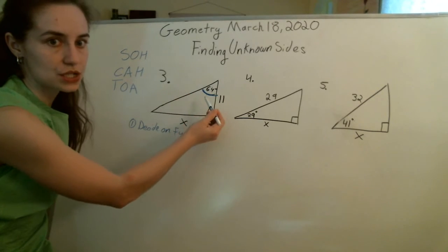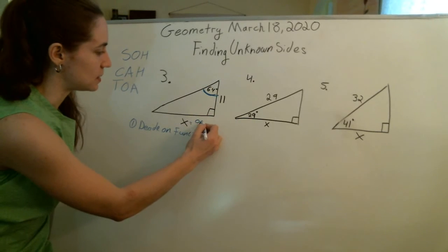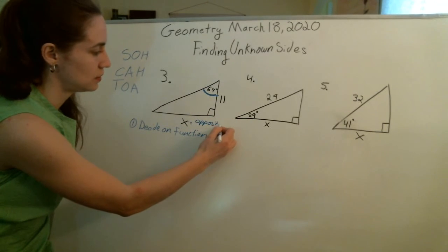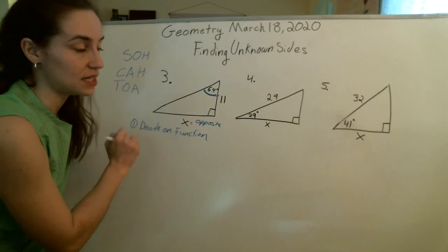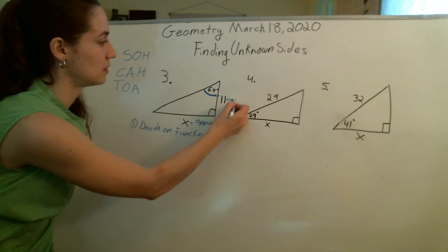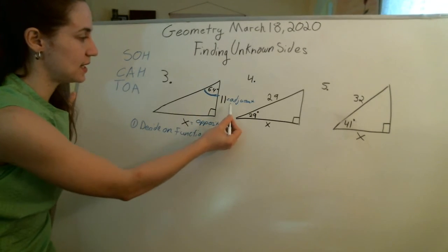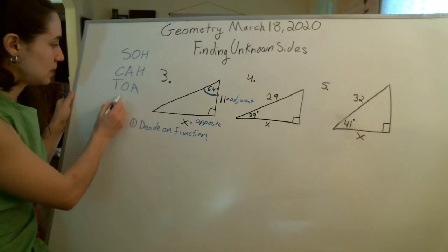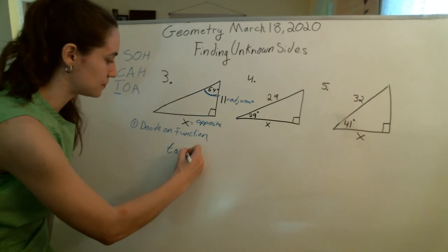What is the relationship of x to 64? It's my opposite. What about the 11? The 11 is the adjacent. So if I have opposite and adjacent, I'm looking at using tangent. So I'm going to have a tangent function.